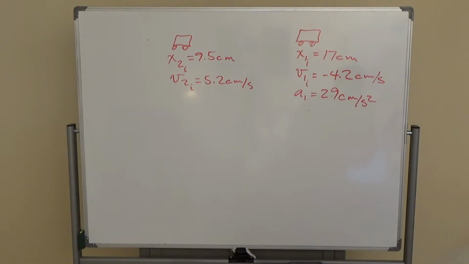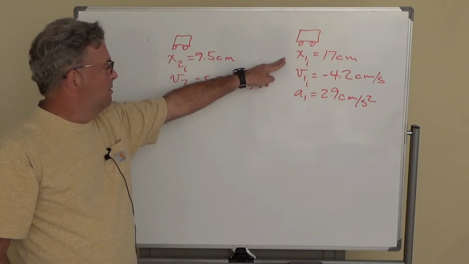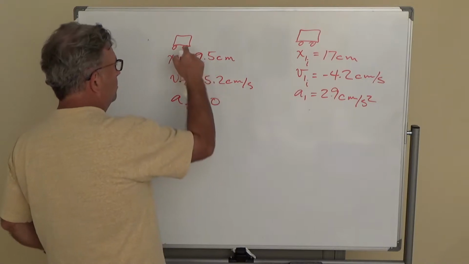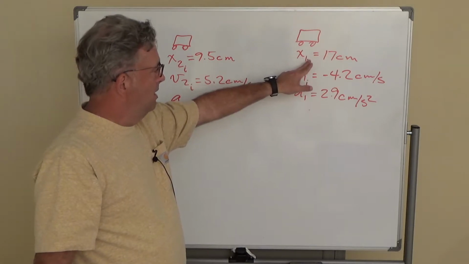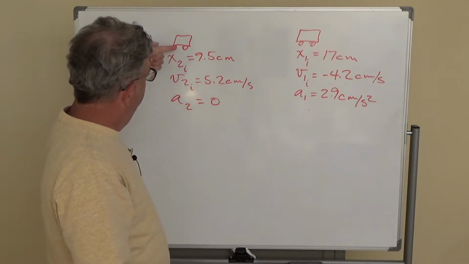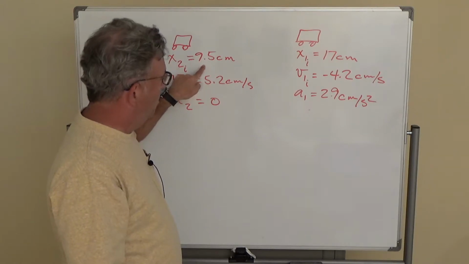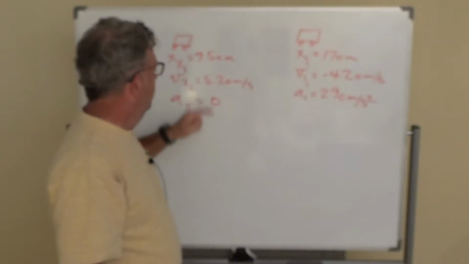I'm calling this car 1 and this car 2. Car 1 is down here at 17 centimeters, traveling in this direction and slowing down. Car 2 is traveling at a constant velocity in this direction, and it started out at 9.5 centimeters.